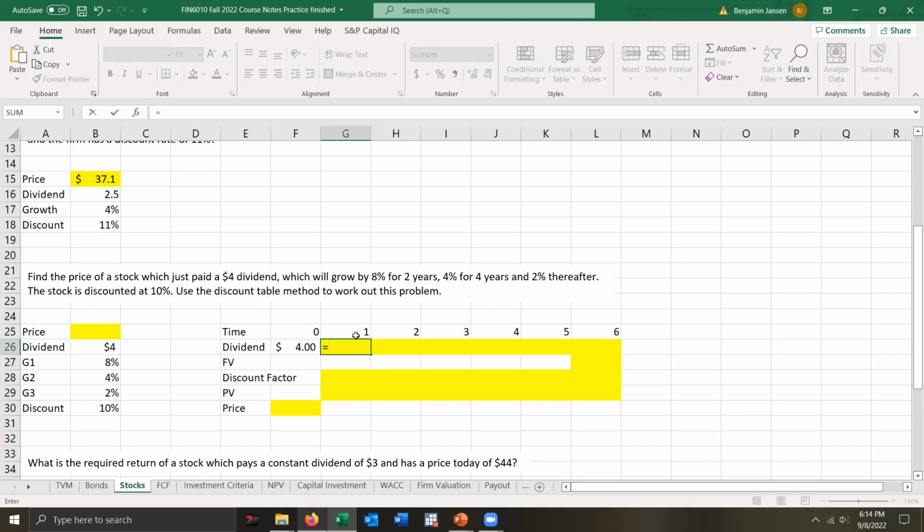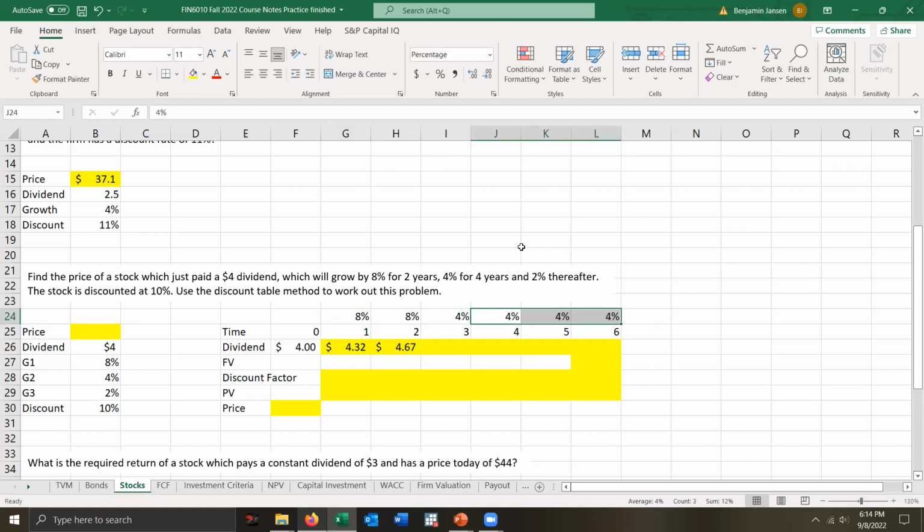All right, so at first, it's going to be growing at 8% for 2 years. So we're growing at 8%. And we're growing at 4% for 4 years, and then 2% in perpetuity.